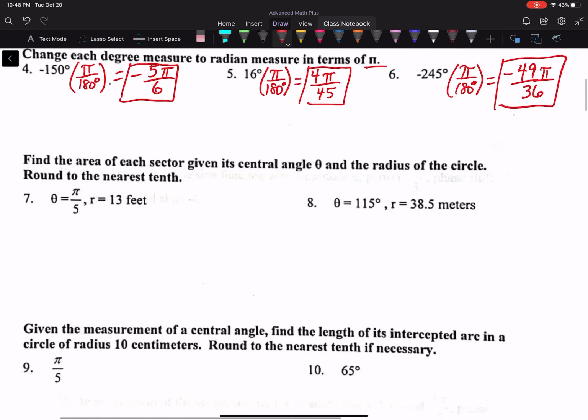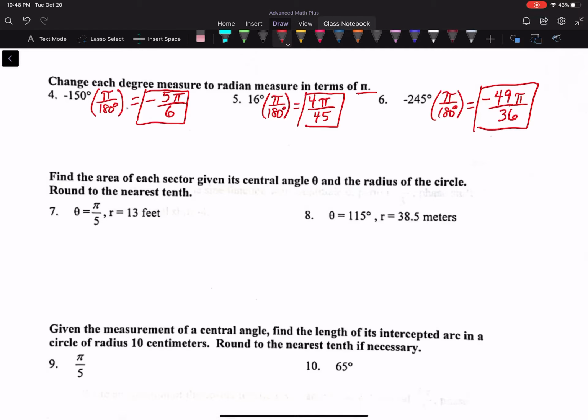For 7 and 8, read the directions carefully. It says find the area, so you need to know the area formula of a sector. That is 1/2 r squared times theta. And remember, your theta has to be in radians. If it's not in radians, you have to put it in radians.